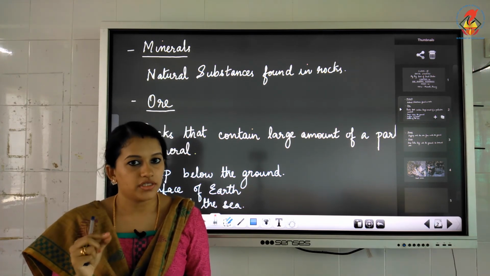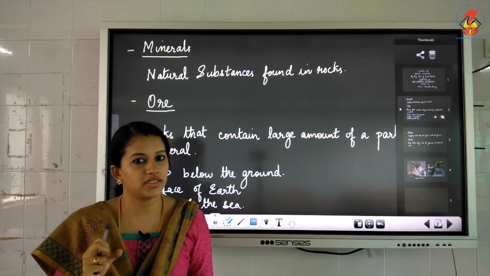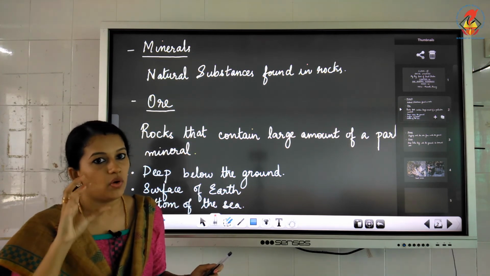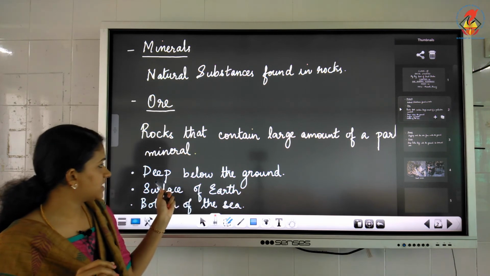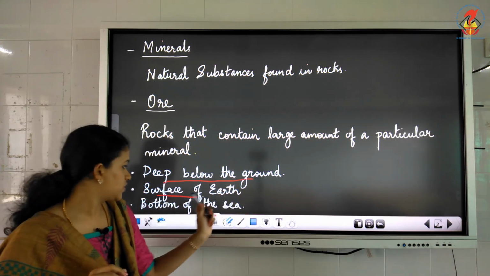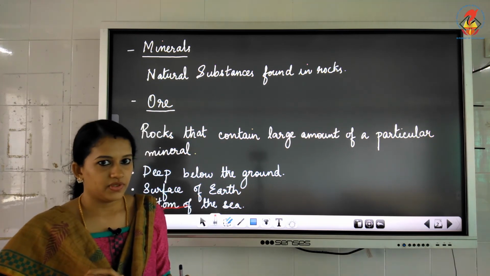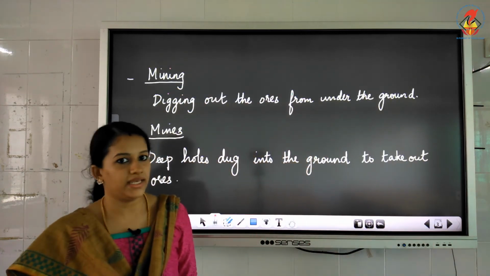That rock is known as the ore. You can get these ores from different locations: deep below the ground, from the surface of the earth, or from the bottom of the sea.